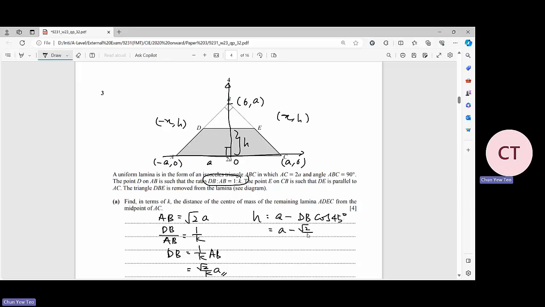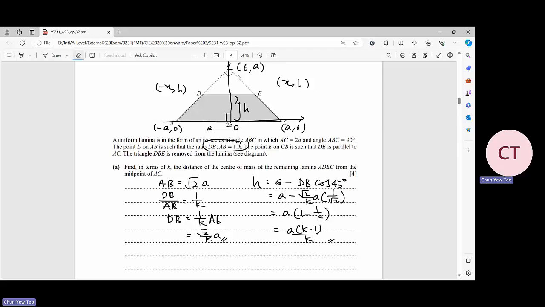Just now we found DB is square root 2 A over K. Then cos 45 degrees is 1 over square root 2. So this will become A times 1 minus 1 over K, or you can combine them to become A(K minus 1) over K. That is your height h. Which means that now we have found the coordinates of this point: A(K minus 1) over K, and then A(K minus 1) over K.